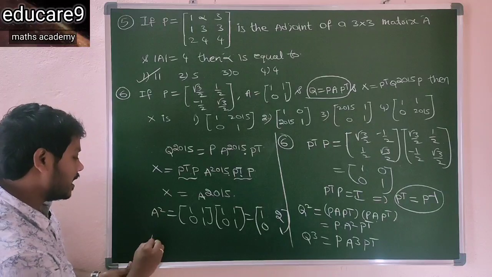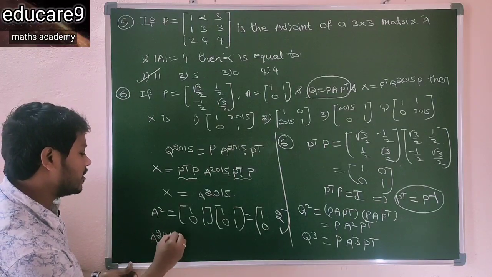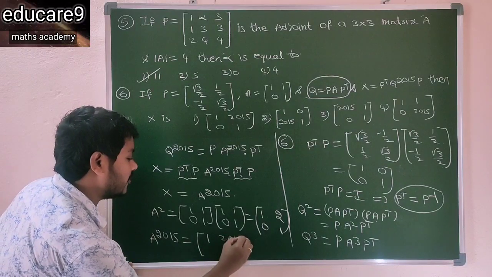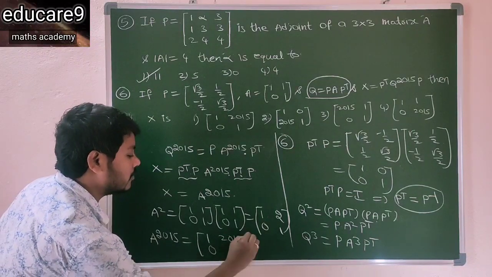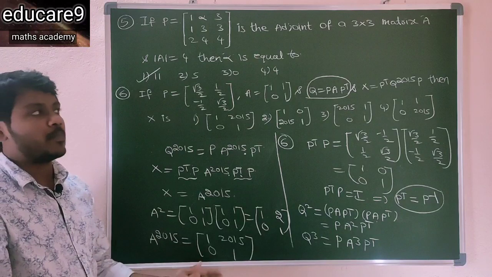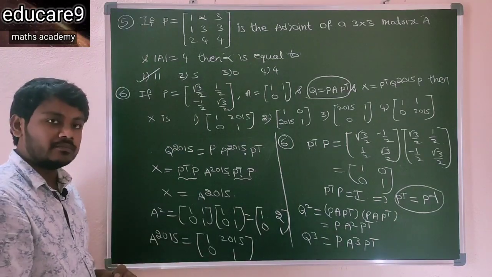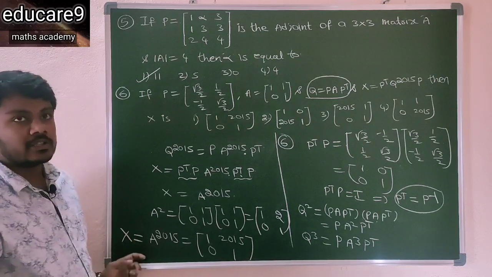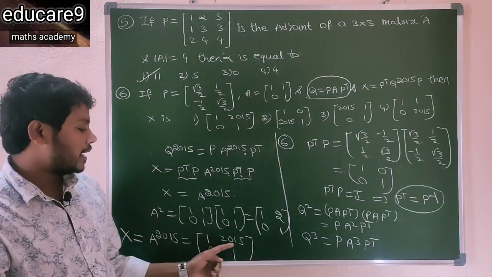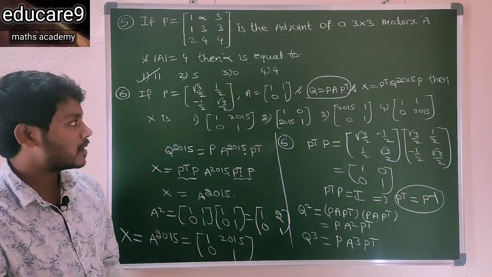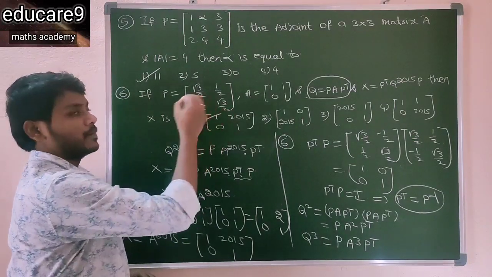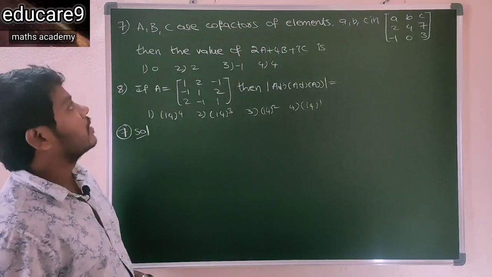So similarly, A power 2015 is what? [1, 2015; 0, 1]. So this is A power 2015 value. So what is A power 2015? That is X. Therefore, X value is [1, 2015; 0, 1]. Okay. So clearly, option 1.